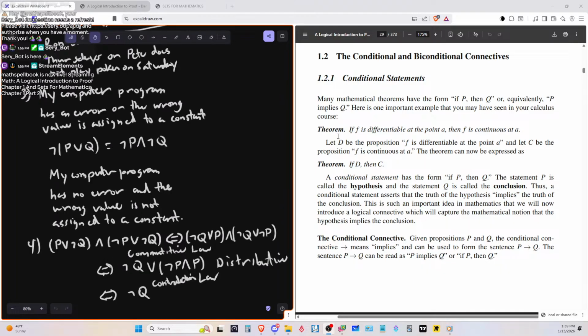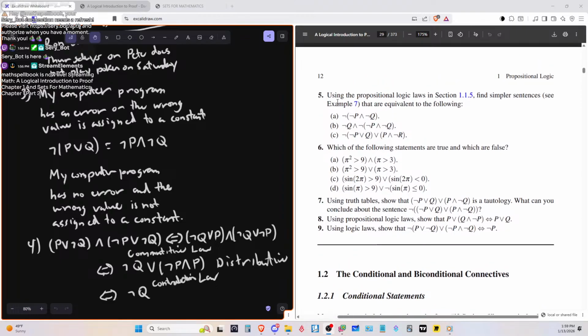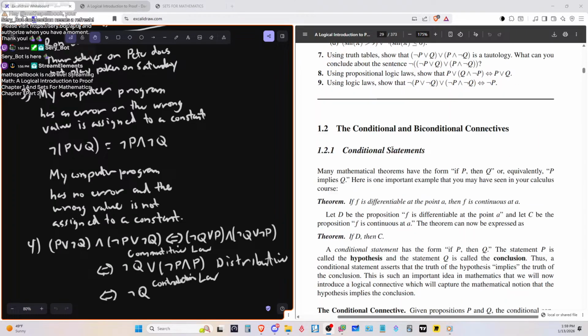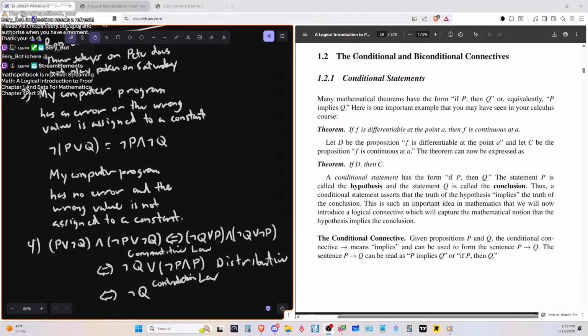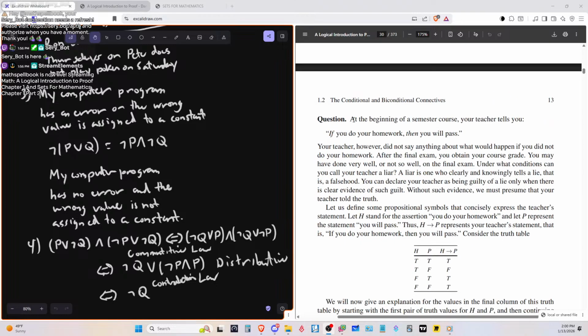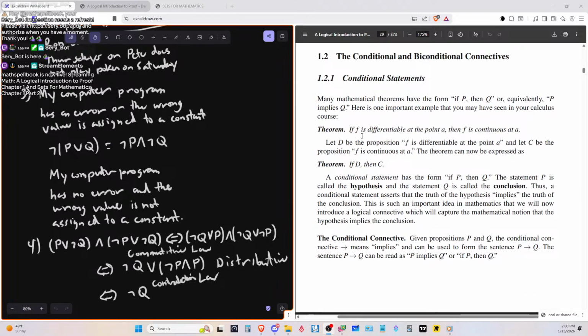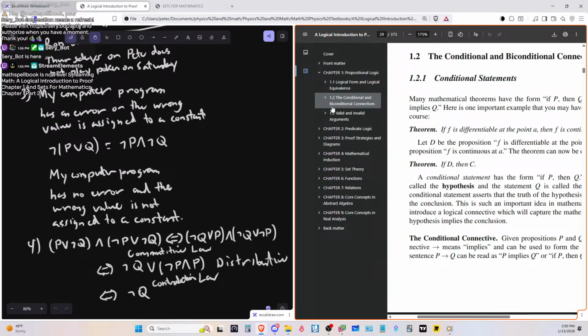So I did finish the last problems here, from 5 to 6 to 9, on my own. So I think we can move on to the next step, which is conditional and biconditional connectives. I think we have this section. I don't know how many pages it is, so let's see.